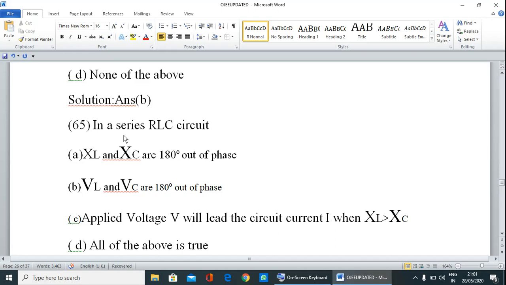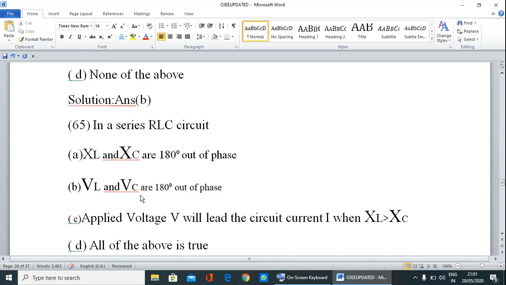Obviously this is correct, because if we see the phasor diagram of XL and XC, they are 180 degrees out of phase. Generally, we take XC on the upper side and XL on the lower side.